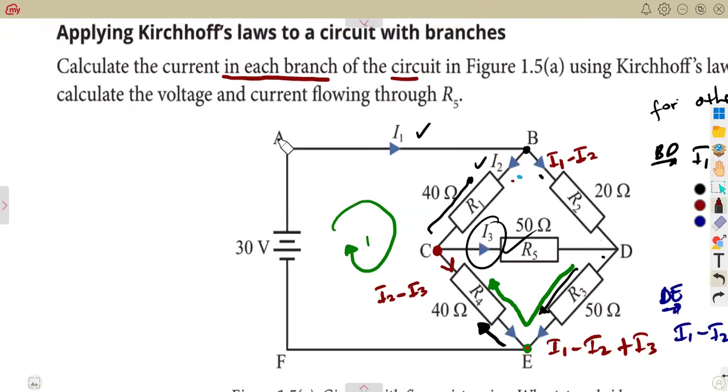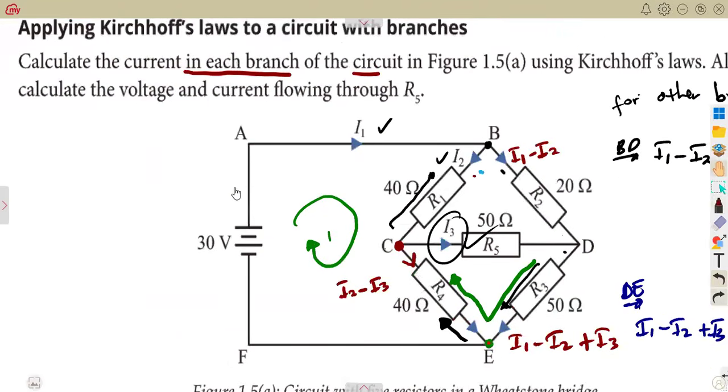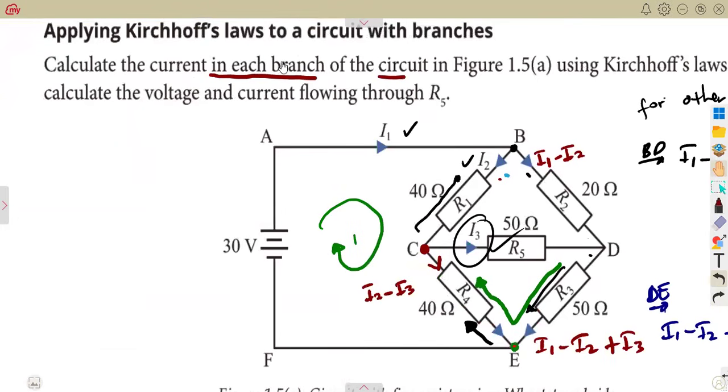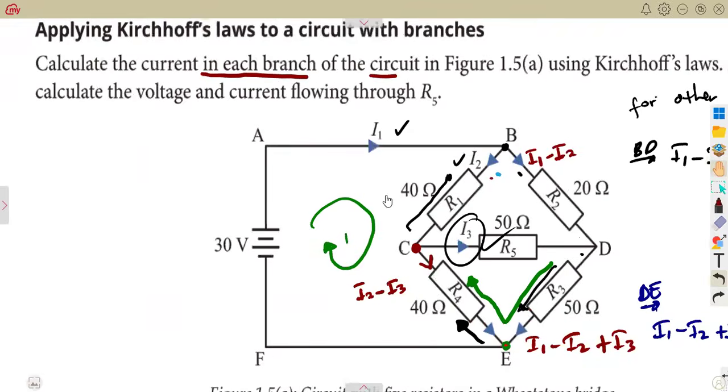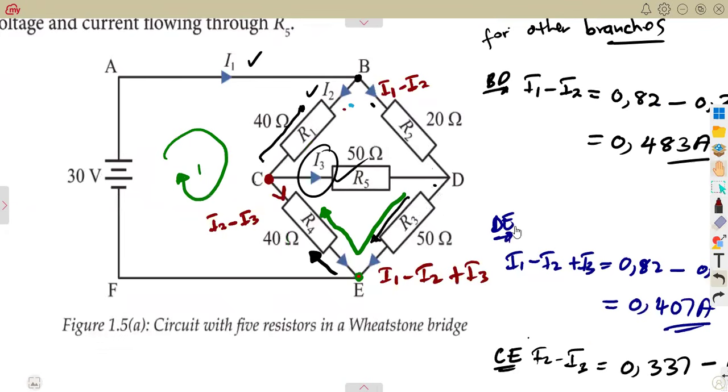Maybe they wanted you to say power through R5, not the current, because already the current we calculated. Guys, remember the first question was to calculate the current in each branch. So it's already there. So in terms of the voltage across this R5, let us see here.